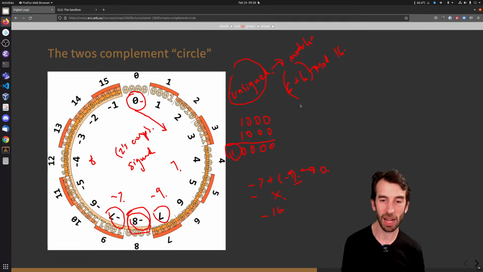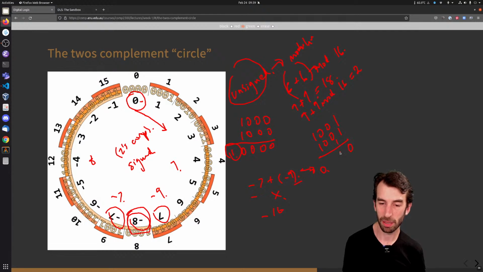If we do 9 plus 9, that equals 18, right? But 9 plus 9 mod 16 equals 2. So let's see what 9 plus 9 is in binary. 1001, that's 9. We're doing unsigned arithmetic here, just in case you've lost the thread.